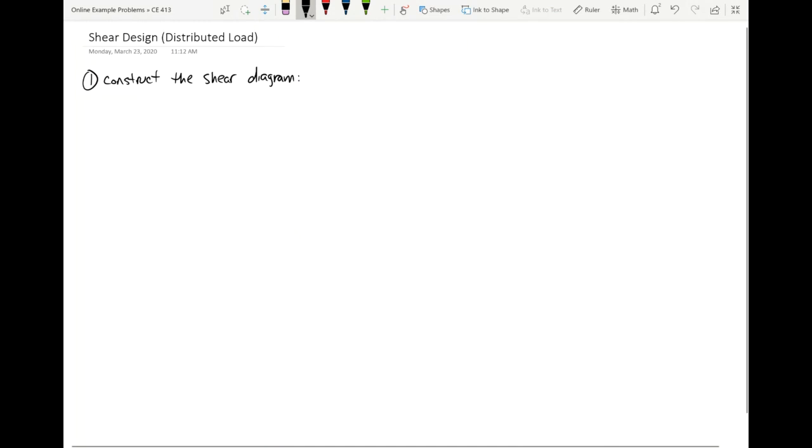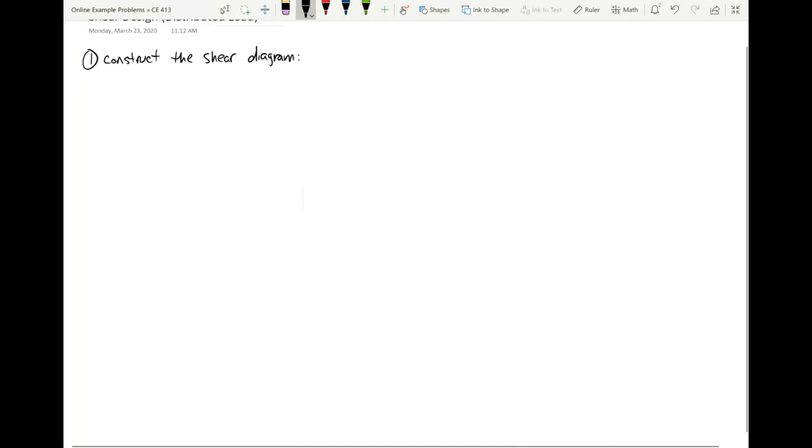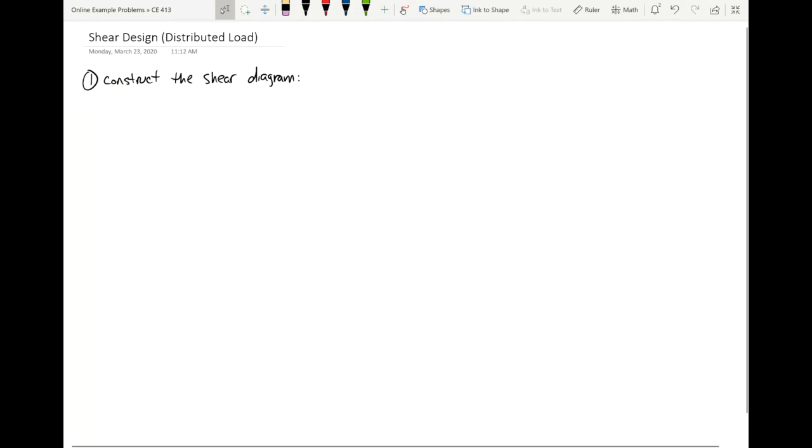Okay. So let's identify just a couple of base values just to make sure everybody's clear on some things. So we have a beam. We know that B is 14 inches. We know that D is 24 inches.